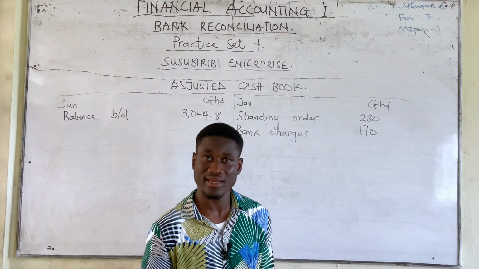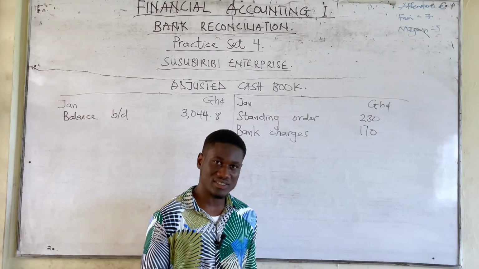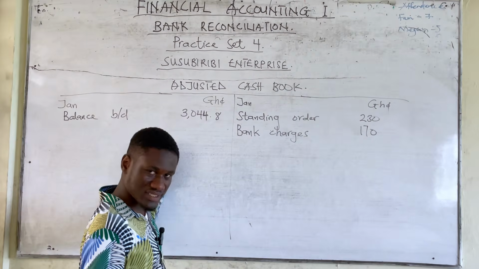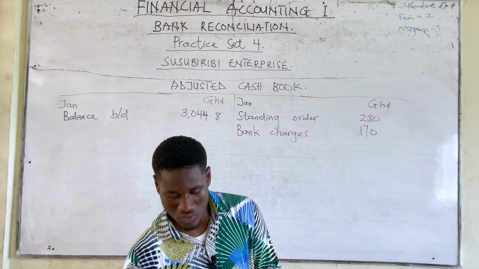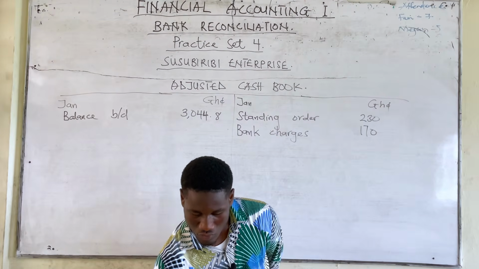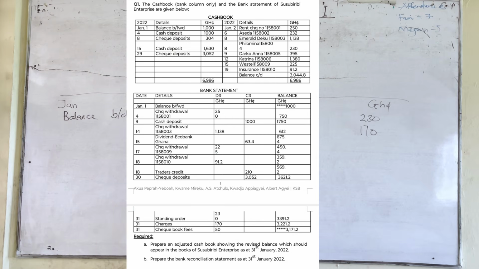Wherever you start from is going to be okay for you. So we'll go to the check book fees, which is 50 Ghana cedis, and we know that it is at the debit side, but was not on the credit side of the what? Cash book. Do you get it?